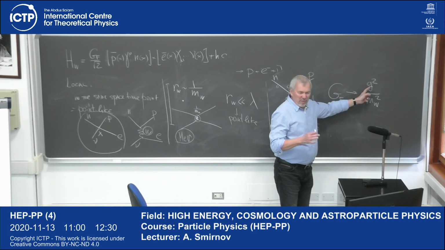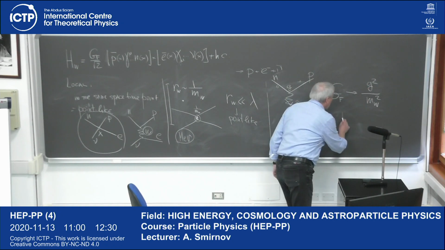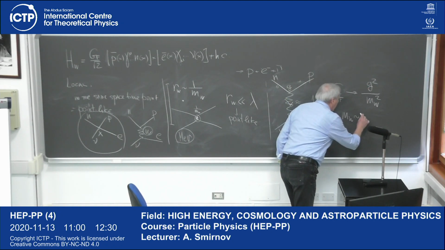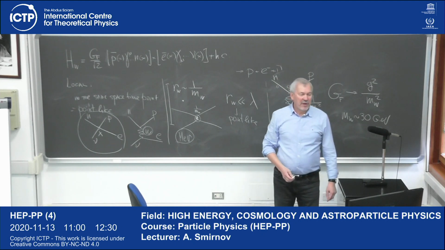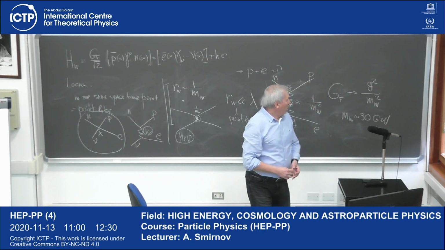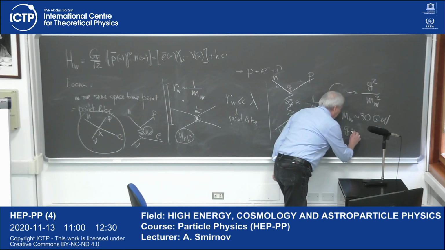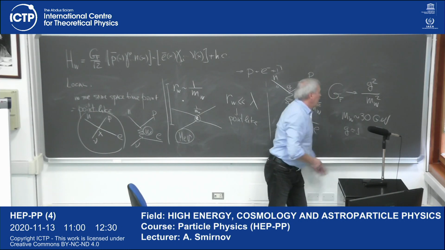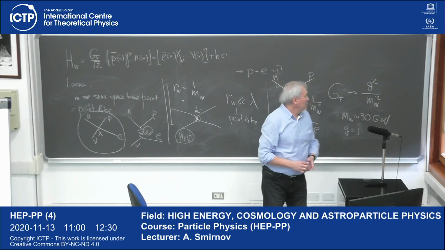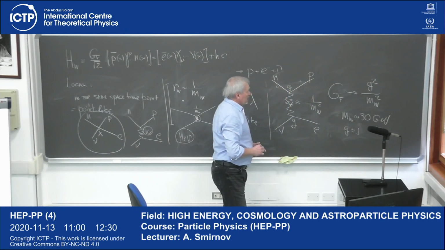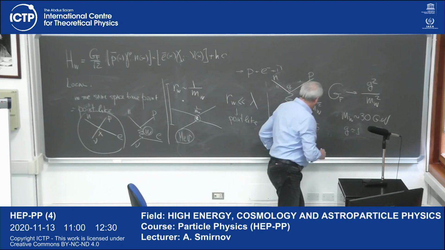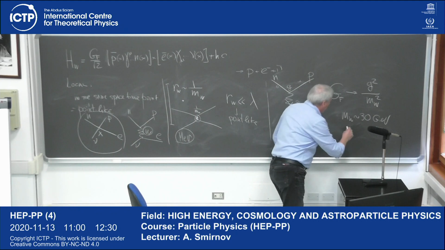If G is of the order 1, then the mass of the W should be around 30 GeV, 30 times heavier than the proton. Sorry, let me repeat.